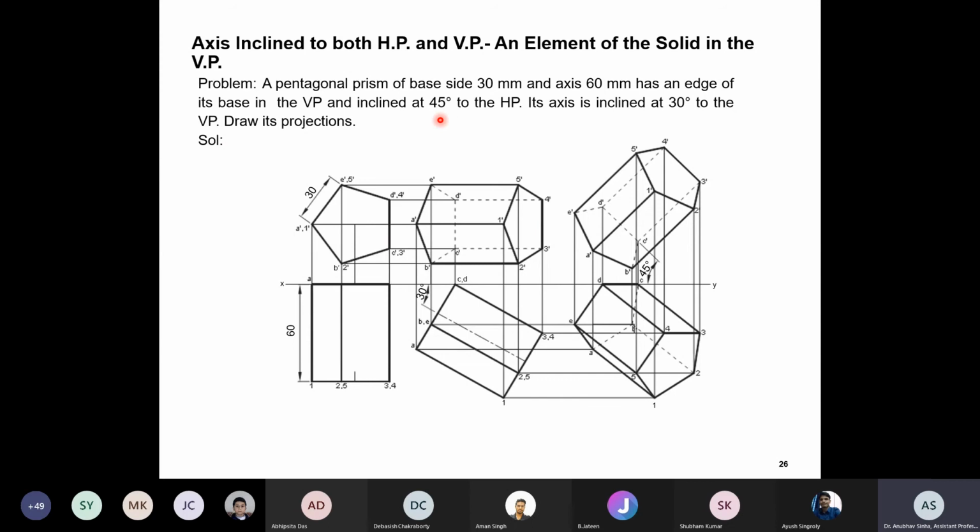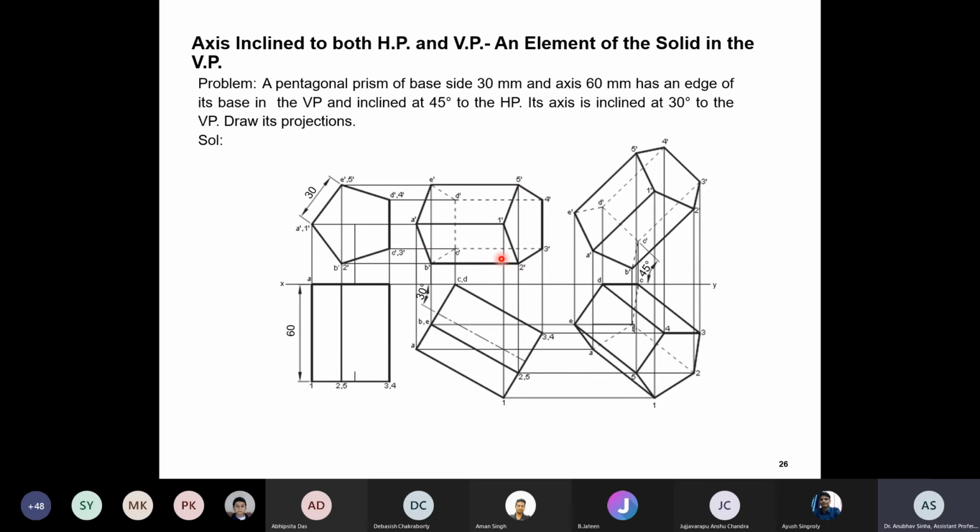Now we need to make the edge of its base in the VP and inclined at 45 degree to the HP. So we have taken care of that 30 degree angle. Now let us talk about 45 degree. What we'll do is take this figure, which is the last one that we have produced in the second stage.